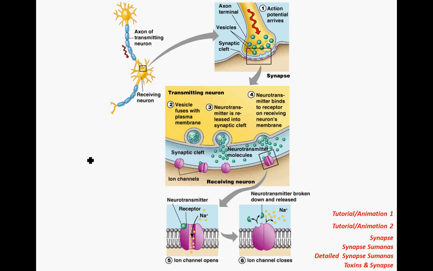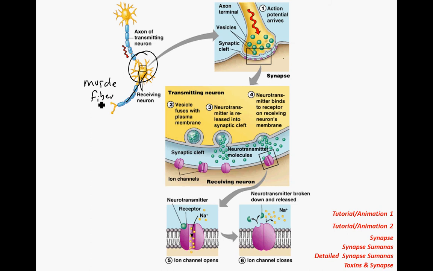In the chemical synapse from the nervous system, we had an axon joined up to the dendrite of another neuron, so we had a neuron synapse. The same concept is going to be happening here, except we're not going to have a neuron as the second cell. We're going to have a skeletal muscle fiber as the second cell now.